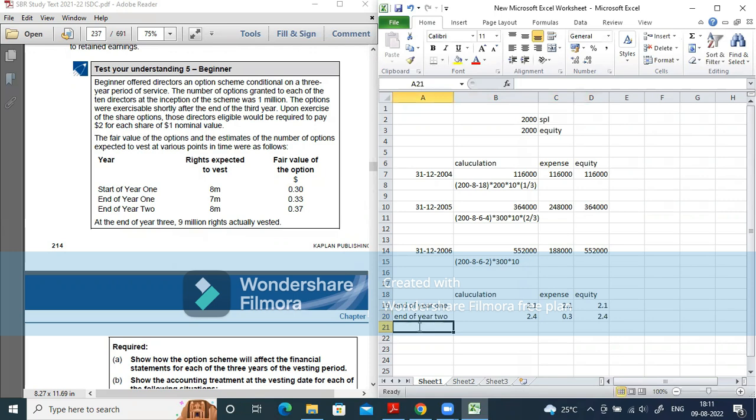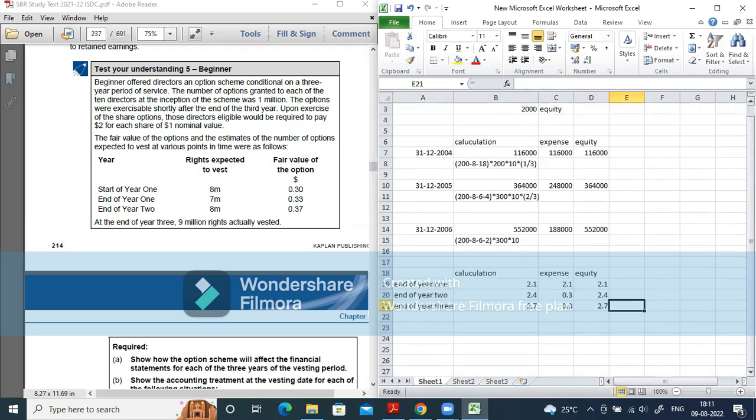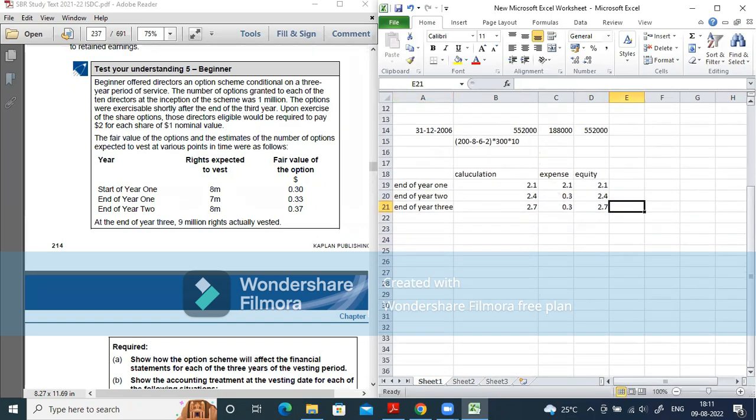And end of year 3. They mentioned total rights is 9 million. 9 into 0.30. So we'll recognize 0.3 in the expense and 2.7 as equity. Any question on this?